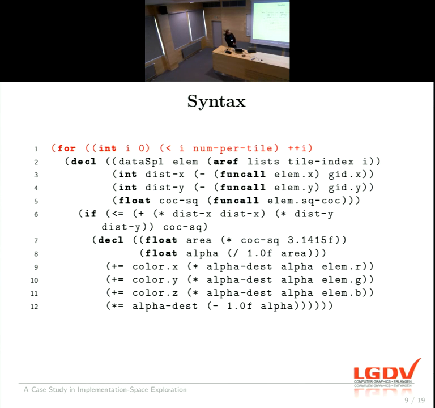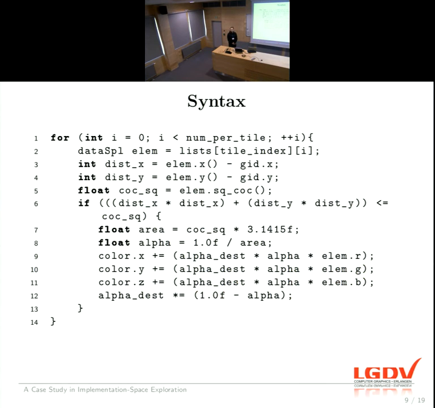We simply step through the loop, then we load the element, then we load the distance and compute the distance, and then we load the circle of confusion, then we test if we are inside the circle of confusion, then we compute the transparency of the pixel, and then we blend them together and store the result image. And that's what we get, the resulting code in C style.